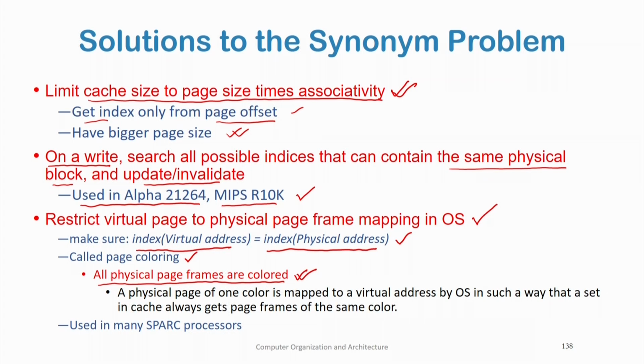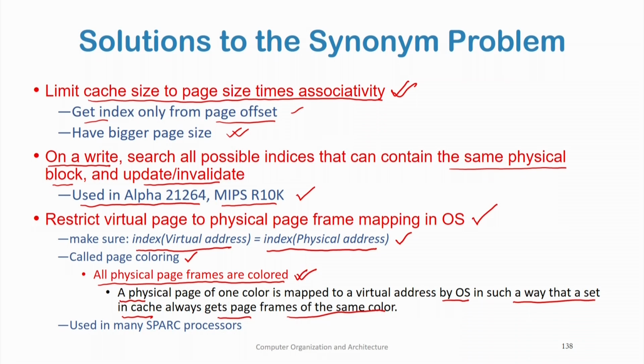So, the page frames in physical memory will be separated into 4 sets, and each set will get a different color. Okay. Then after coloring is done, a physical page of one color is mapped to a virtual address by the OS in such a way that a set in cache always gets page frames of the same color.